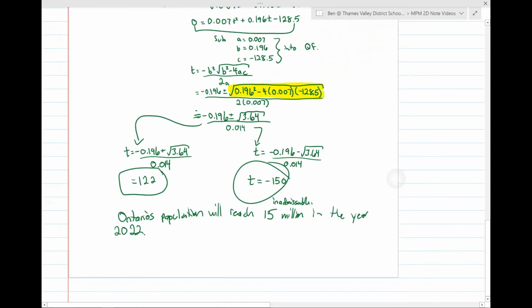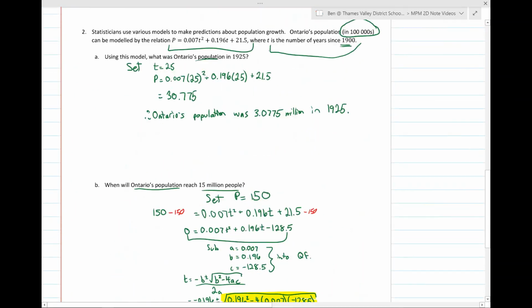There you are. So I'm hoping this gave you some skills as well, working with population models.